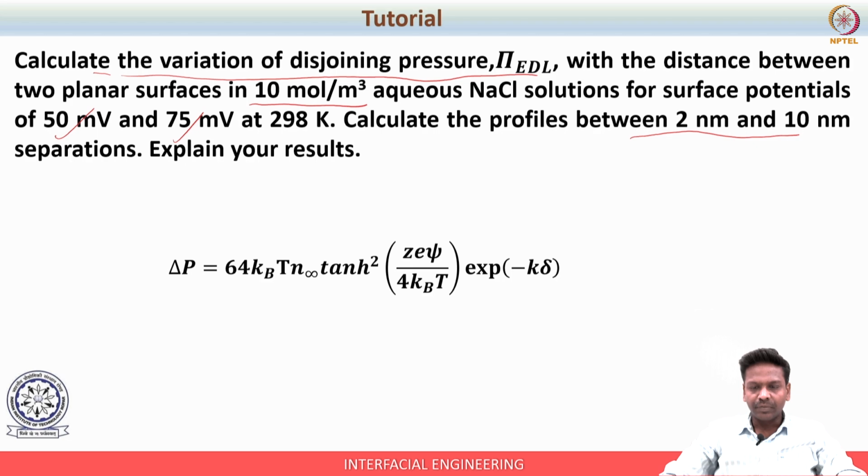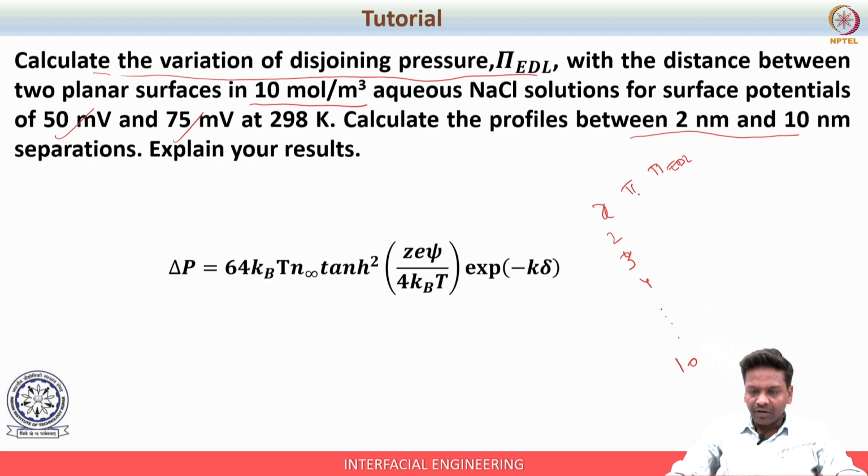So we need to develop a profile between 2 nanometer and 10 nanometer separation distance. Let us say your x axis will be the separation distance, going up to 10 nanometer, and we have to also develop the pi EDL.